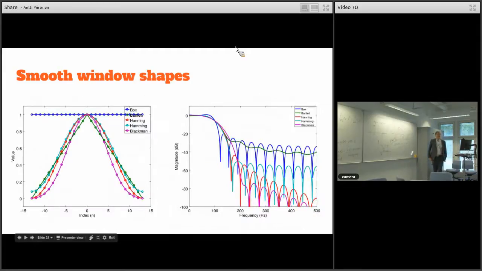And that's how they actually work. On the left-hand side, there are window shapes, and as you can see, they do not necessarily change much from each other. They are quite similar, but on the right-hand side we have the frequency response of those windows, using a 100 Hertz cutoff frequency on a system.